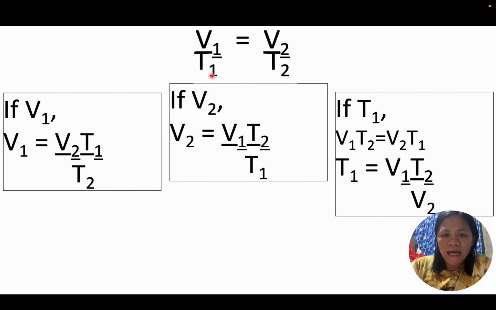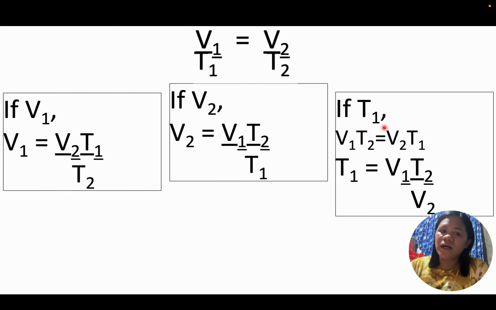If T1 yung hinahanap, we have to transfer muna yung mga denominator natin sa numerator on the other side. Just like this one, T1 will be transferred sa kabilang side, which magkatabi na sila ni V2. Yung T2 naman natin, transfer din natin sa kabilang side sa numerator, magkatabi na sila ni V1, just like this one.